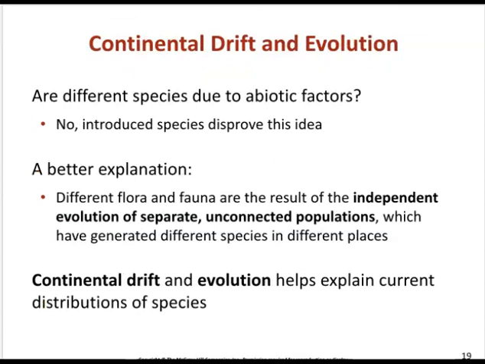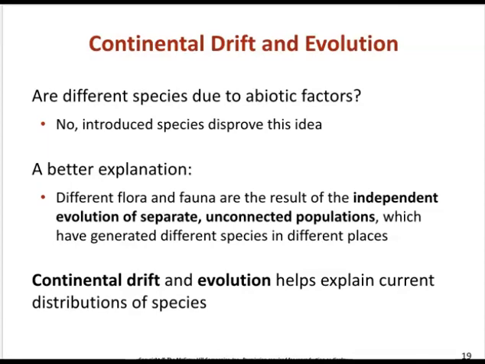So are the different species around because of abiotic factors, so non-life factors? And the answer is no. Some species can be introduced into an area to test that idea. So the reason we see different flora and fauna is because of independent evolution of separate, unconnected populations.